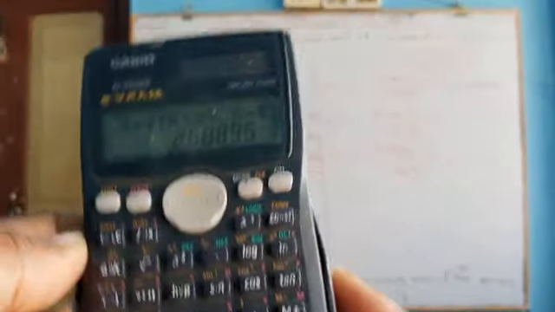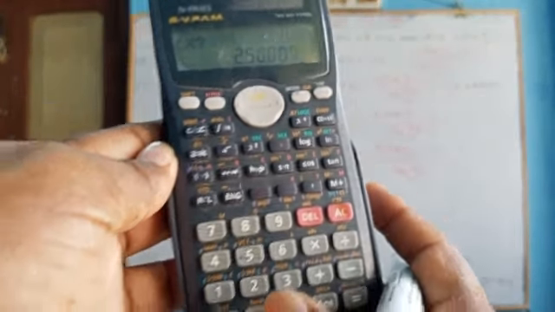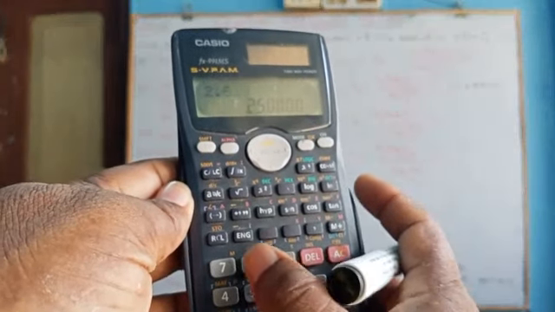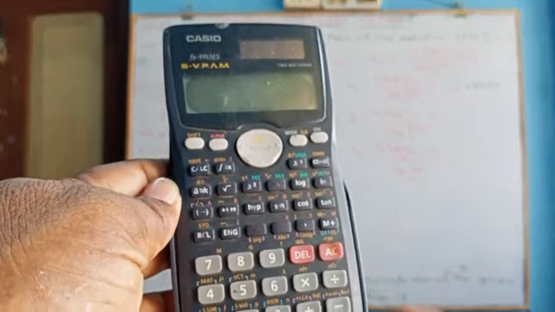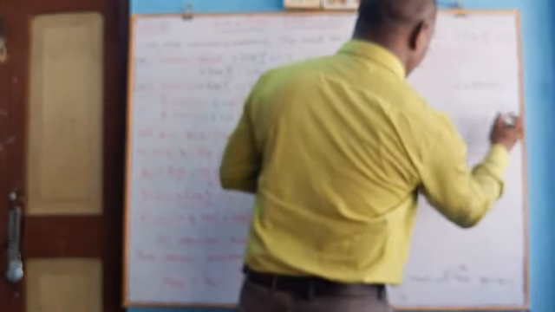The next approximation x2, substitute in this equation, 2.68895 gives 2.72738.